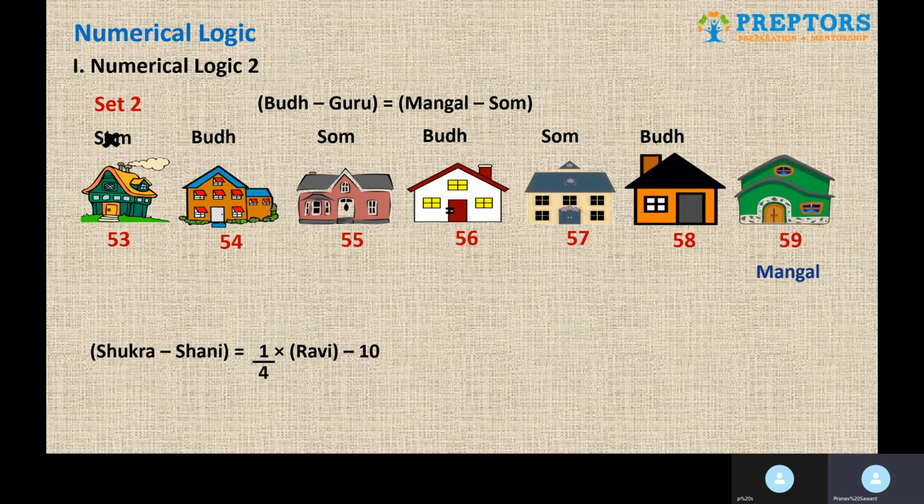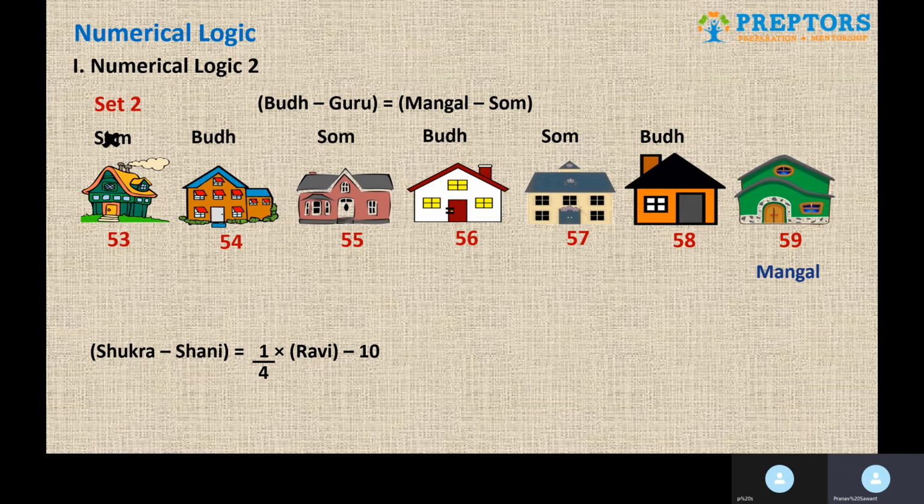The next condition is Shukra minus Shani is equal to 1/4 of Ravi minus 10. Try to form the equation according to the statement. They have said Shukra and Shani in that order is 1/4 the room number of Ravi less 10.